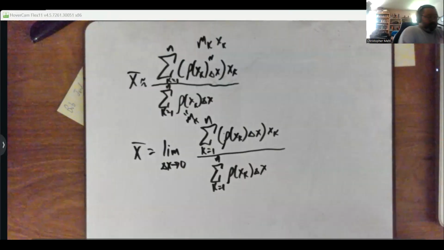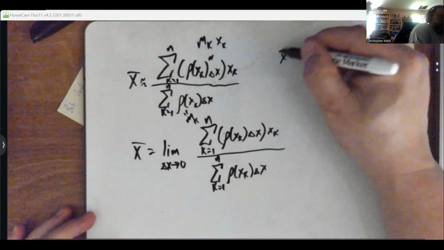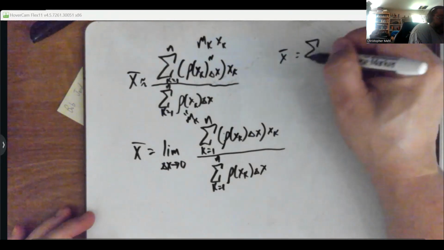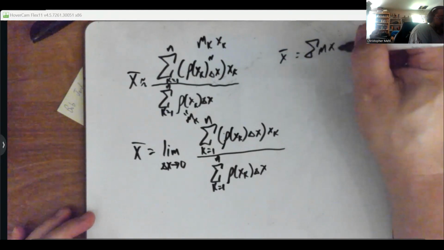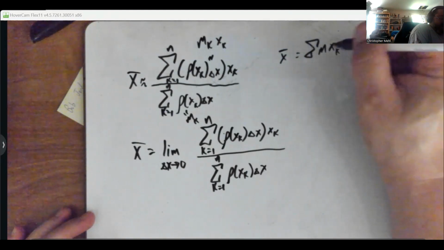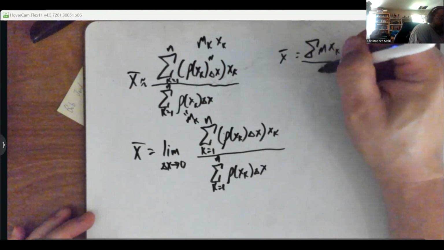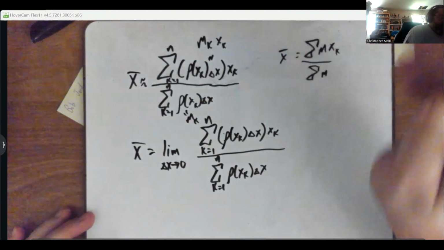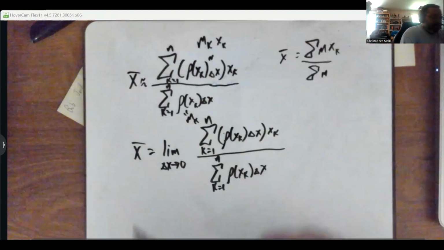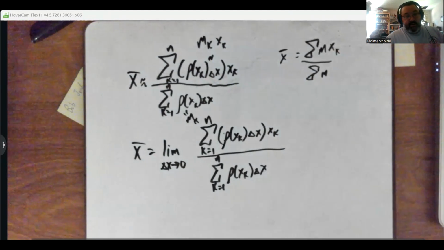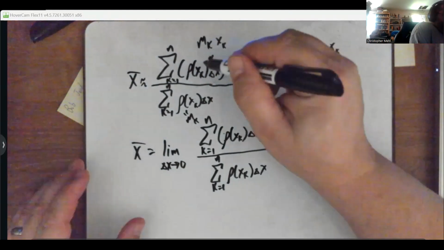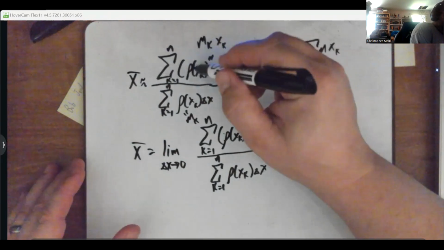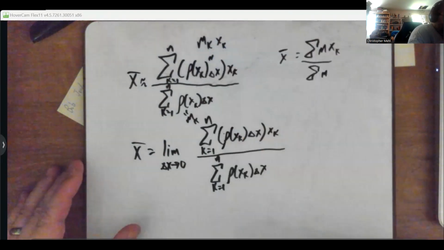So remember, we said that x bar is the sum of the mass times xk over the sum of the mass, right? Well, that's all we're doing here, except remember, for the variable density bar, the mass mk is the density at xk times delta x.